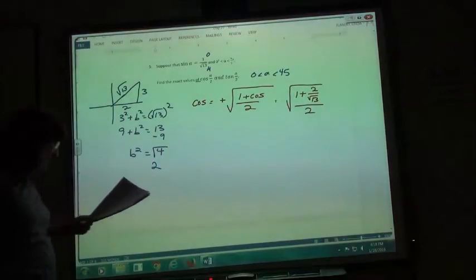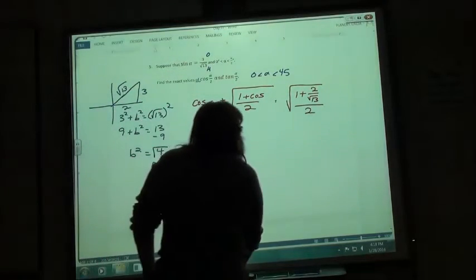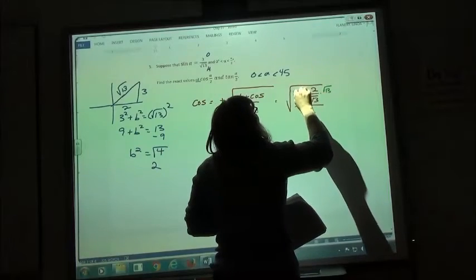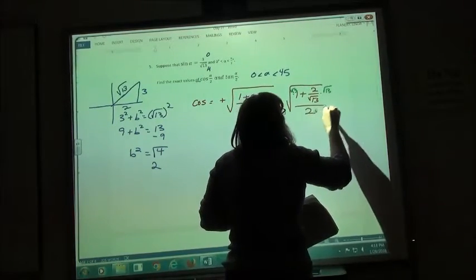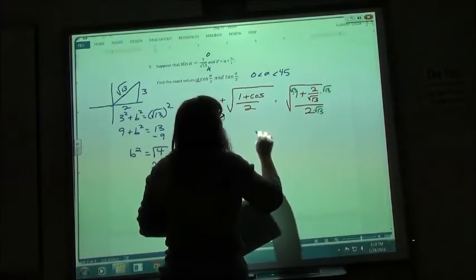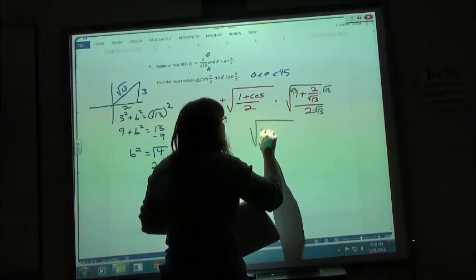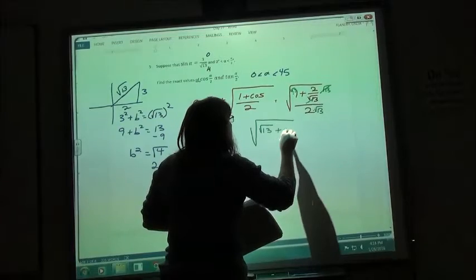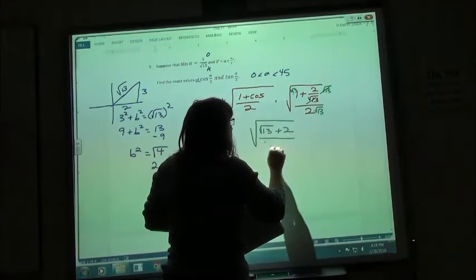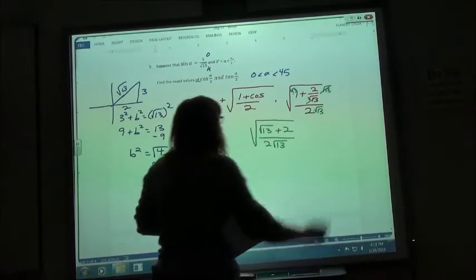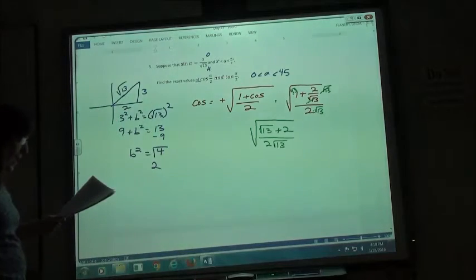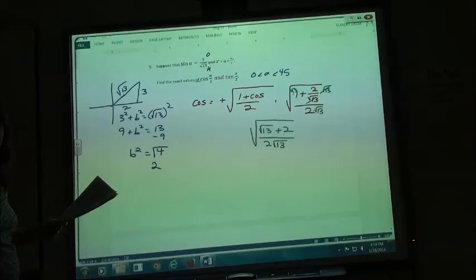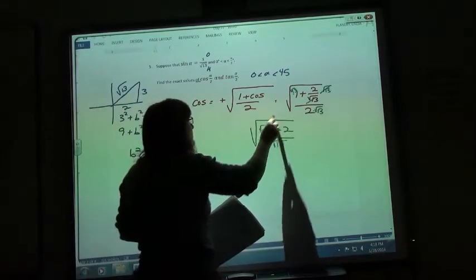I've got to get rid of that fraction, so I'm going to multiply by the square root of 13. So I'm going to get the square root of 13, that cancels, plus 2 over 2 square root of 13. Can't do much else with that. I'm just going to put in that big, ugly, crazy looking answer.